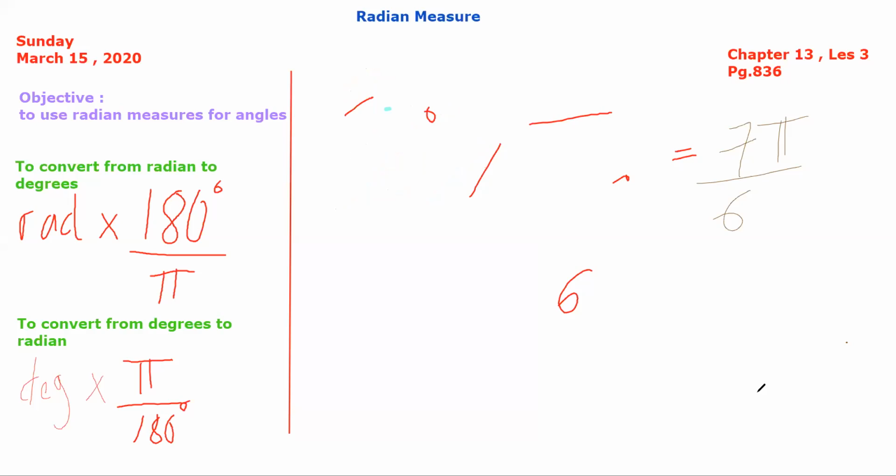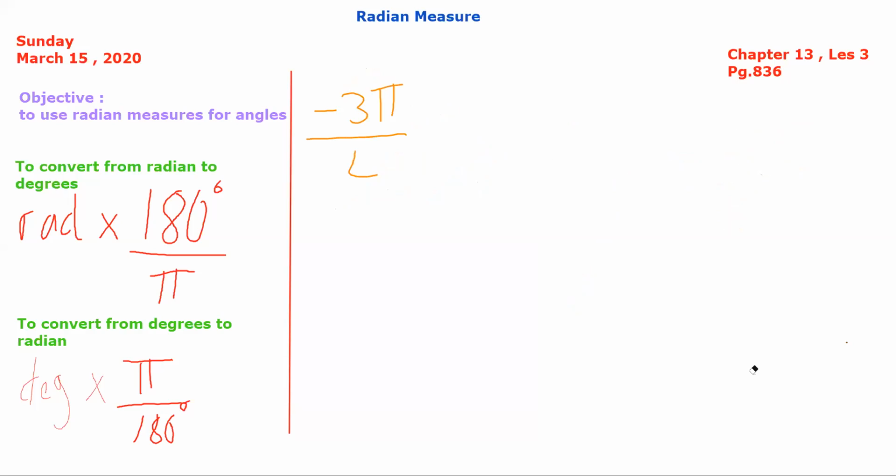Another example. All of you, please open your book, page 837, problem number 1. They ask what is the degree measure of an angle of negative 3 pi over 4 radians. This one is in radian, so I need this formula. Multiply by 180 over pi.